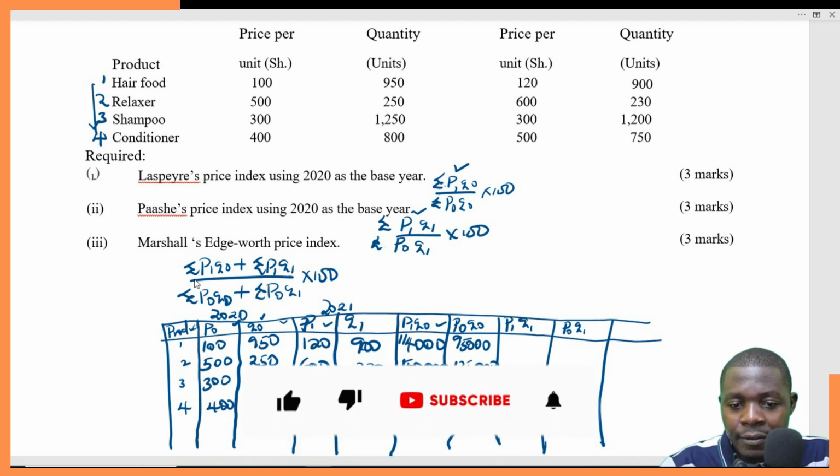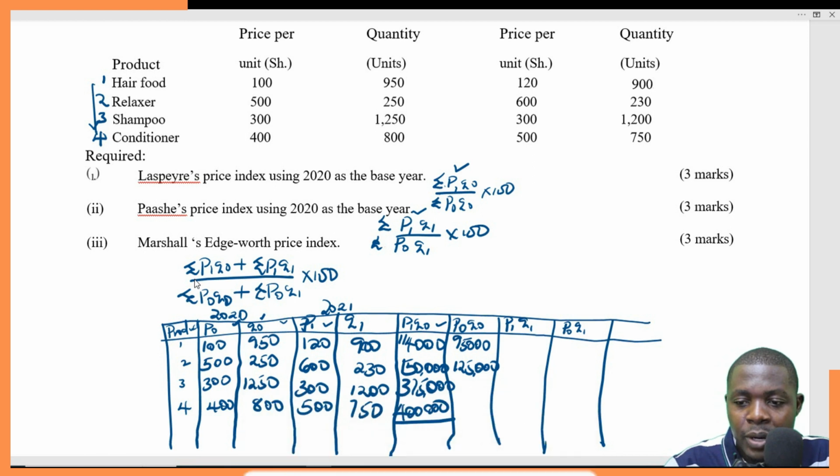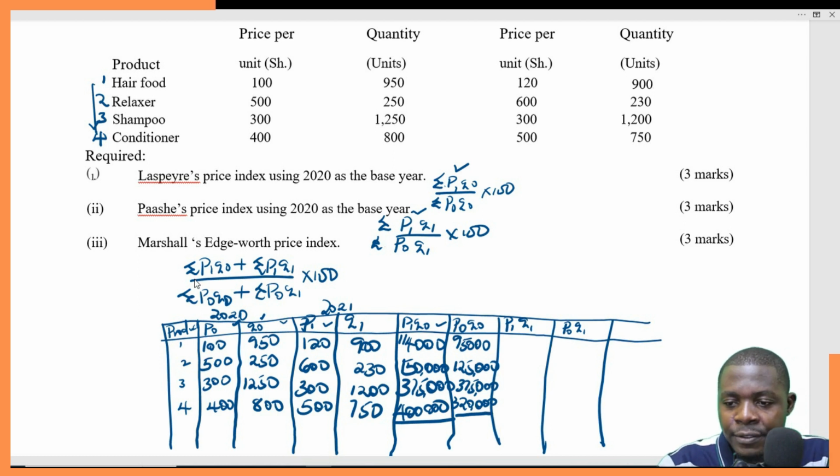And then 300 multiplied by 1250, we get the same thing, 375,000. Then we have 400 multiplied by 800, that should be 320,000. You can also do the summation, but let's finish, then we do the cumulative together.